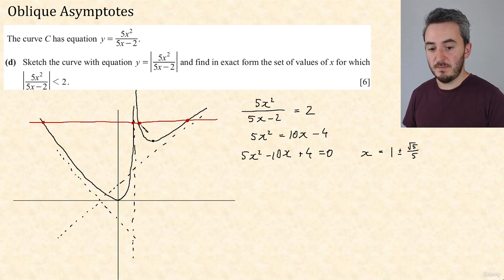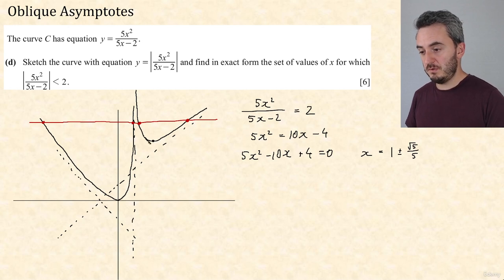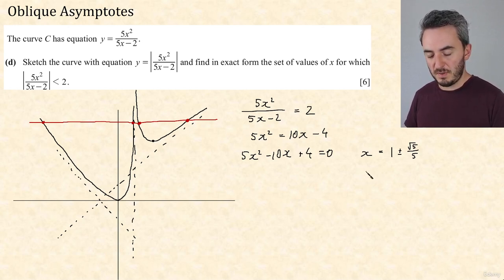So this one here must be the 1 minus root 5 over 5, and this one must be 1 plus root 5 over 5. So between those two values, it is less than 2. So the first part of my answer is going to be x values between those two. So 1 minus root 5 over 5 is less than x is less than 1 plus root 5 over 5. So that's the first little region.